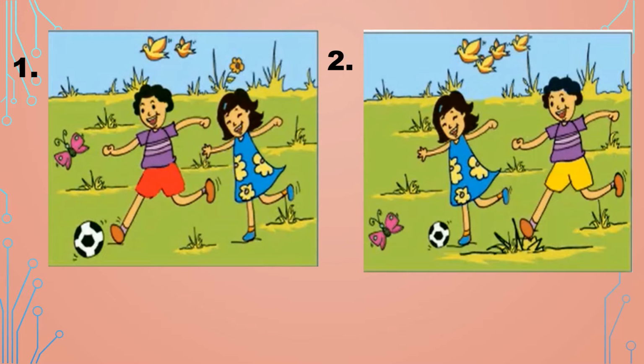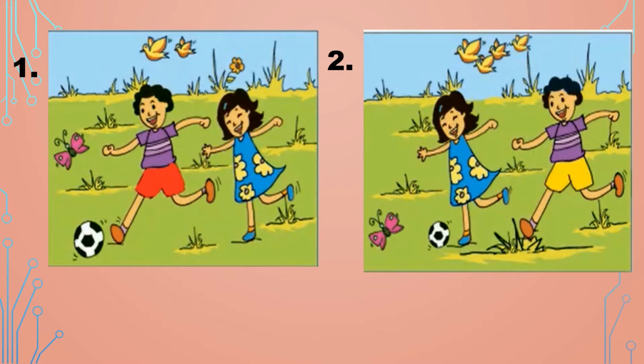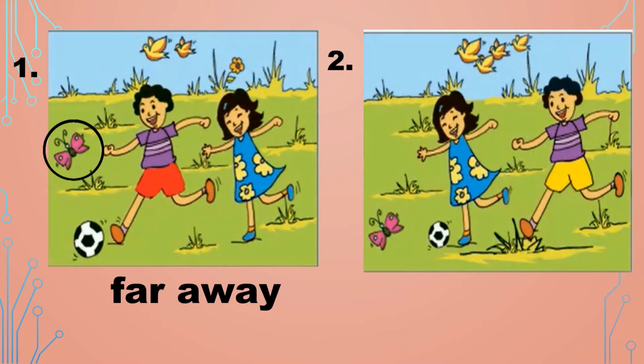In the first picture, the ball is big, whereas in the second picture, the ball is small. In the first picture, the butterfly is far away from the ball, whereas in the second picture, the butterfly is near to the ball. Let's see some more examples.